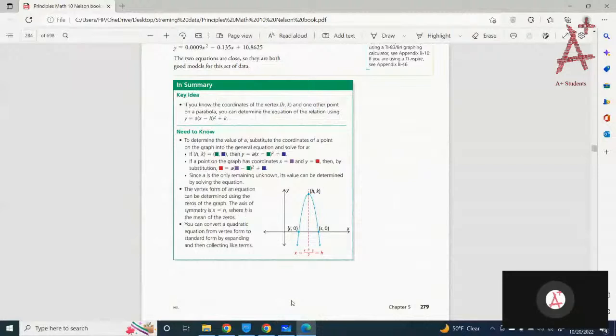So that means if you know the vertex, that is h and k, and just one point, you can determine the equation. Got it?